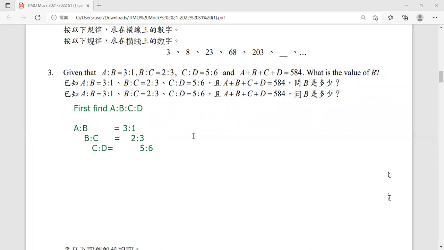So I think I should multiply by 30. Okay, and then what? Maybe I do it very slowly.